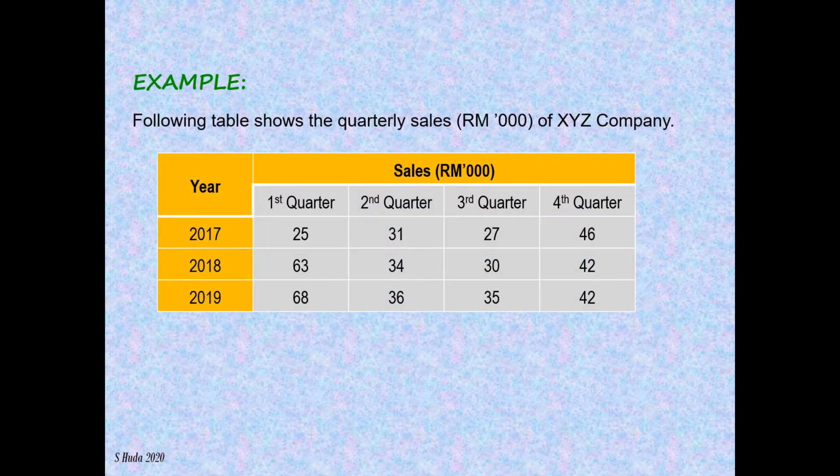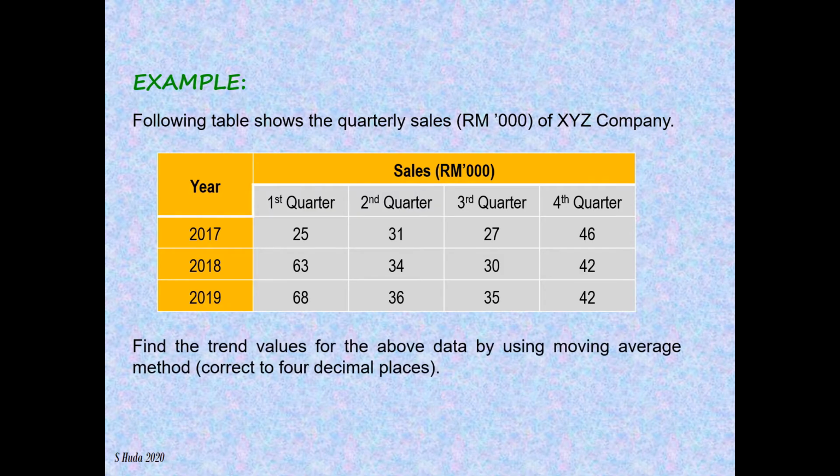Okay, we will use this example to show how to calculate trend values by using the moving average method. Based on the data, why is it said to be an even case? Even case means the number 2, 4, 6. So look at the unit of time. The unit of time used is year and quarter.